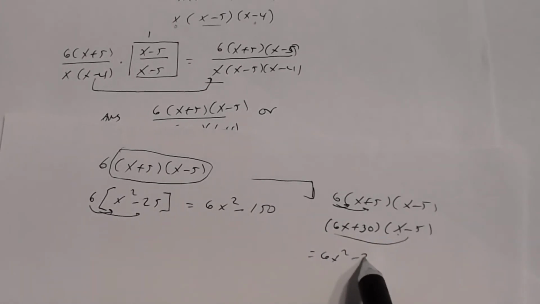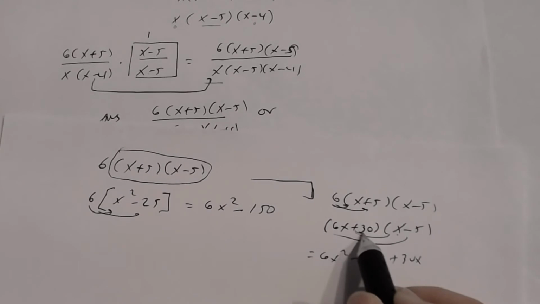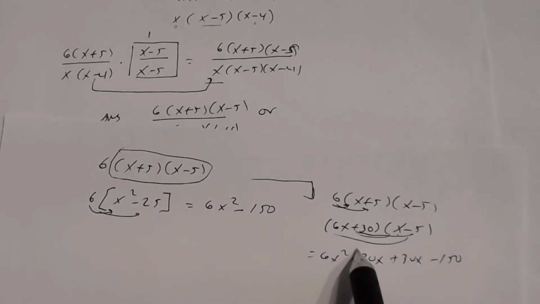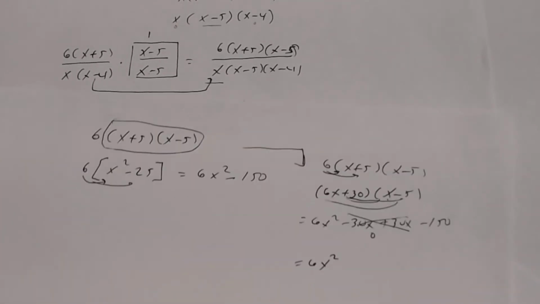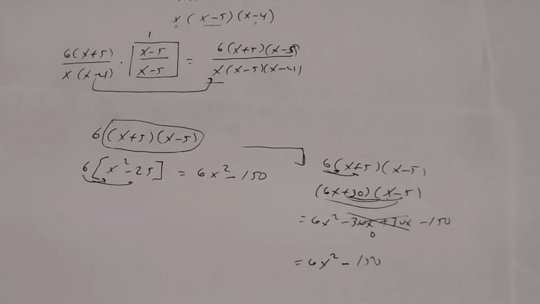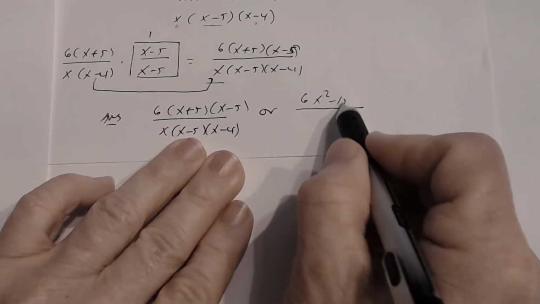The outer is a negative 30x. The inner is a positive 30x. And then a positive 30 times a negative 5 is a negative 150. And so notice these add up to be 0. And so you get 6x squared minus 150, which is what this was. So basically the numerator you can also write as 6x squared minus 150.